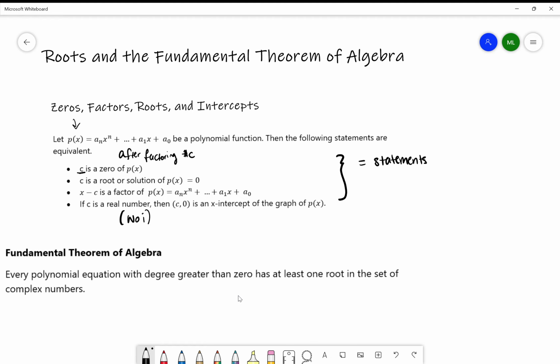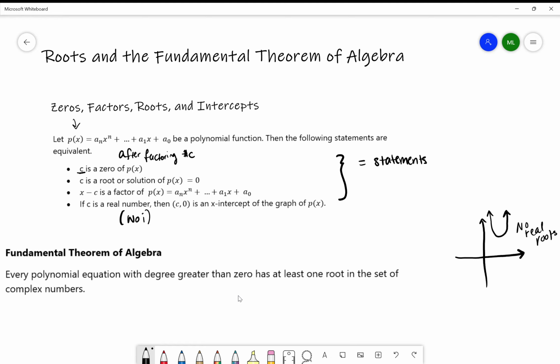Well, remember, we talked about parabolas before. If I were to draw a parabola, let's say randomly in quadrant 1 over here, you see it never meets the x-axis. Because it never meets the x-axis, it has no real roots.